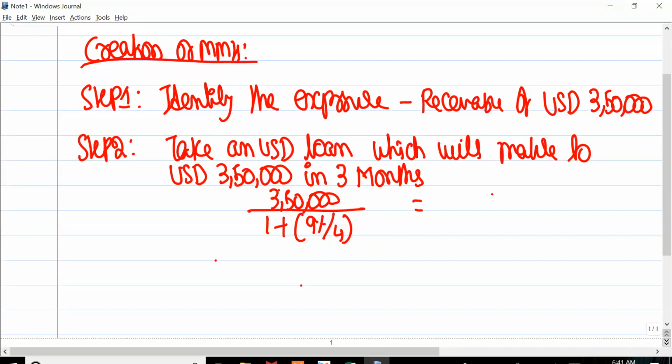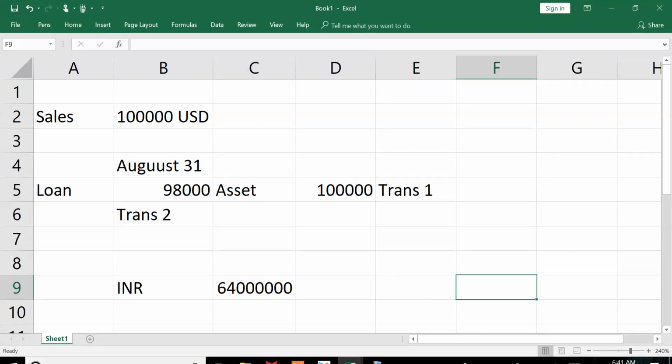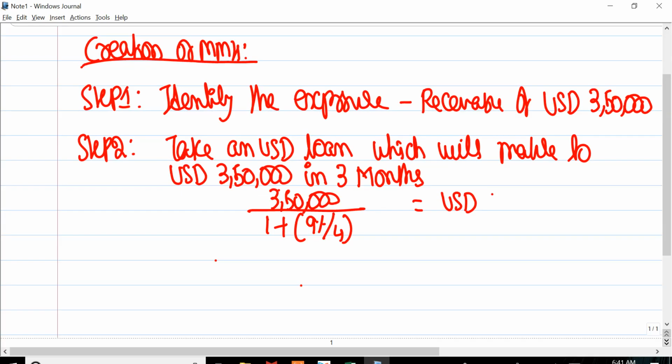When you write, please write along with the currency, whatever amounts you are writing. USD, 2 decimal answer. 3,50,000 divided by 1.0225. It is USD 3,42,298.29.